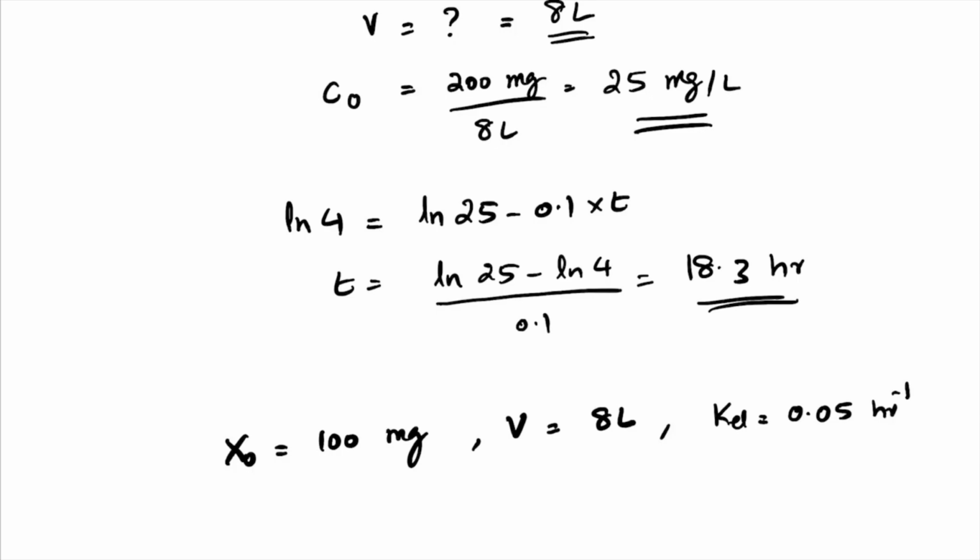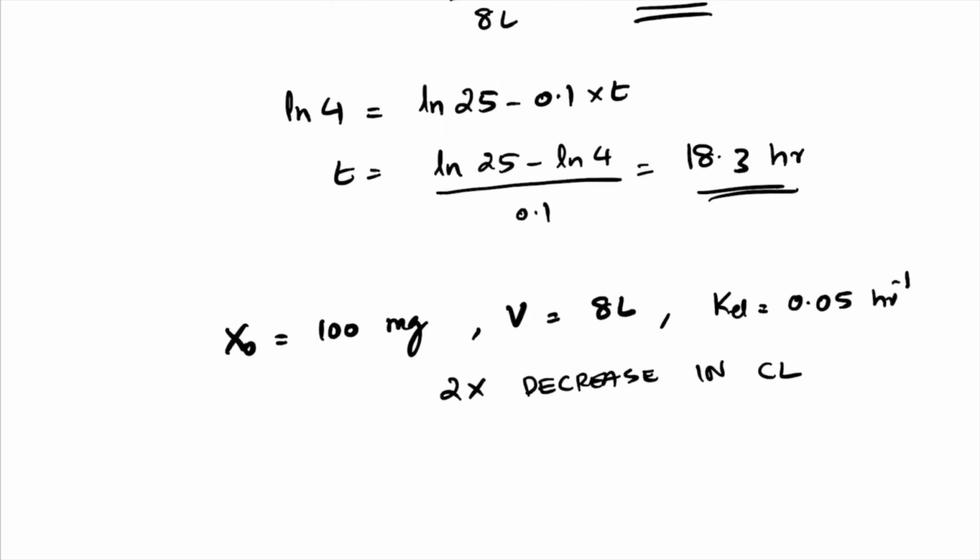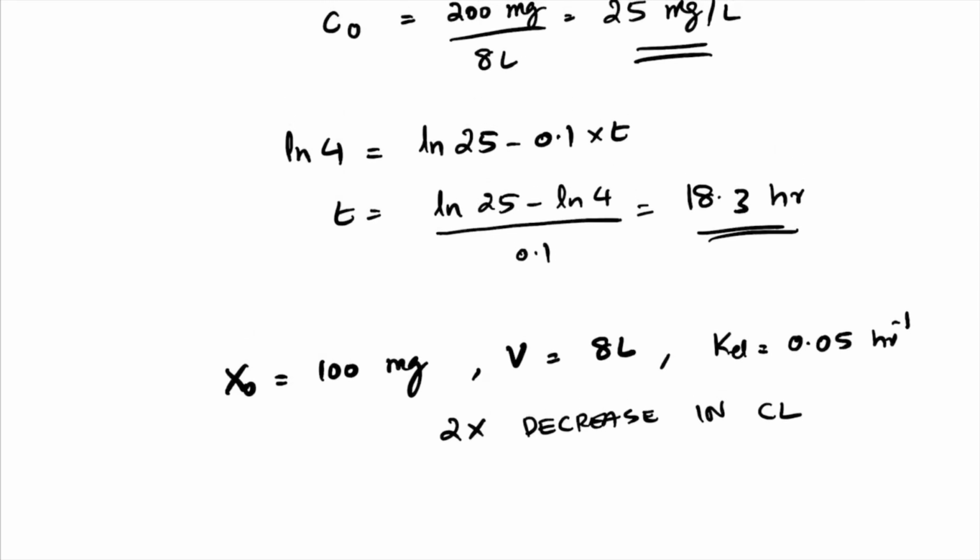And the change in KEL in this instance is due to a 2 times decrease in clearance. So let's see what is going to happen to the duration there.